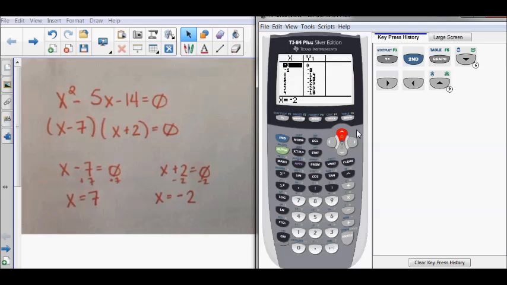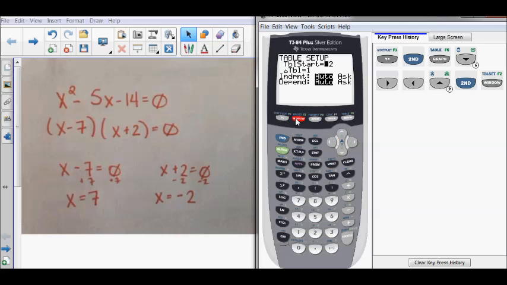The table function also has a couple of different things that you can do in what's called table set. Sometimes your answers won't be as close as -2 and 7, and so instead of having to arrow down or arrow up to look for them, you can go to second window and you'll get to the table setup feature.